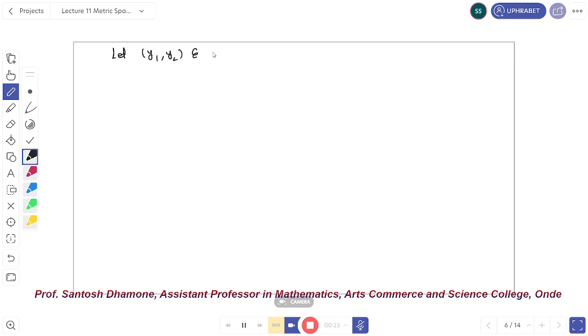This implies that point y1, y2 belongs to G, and this implies that the open ball about point P1, P2 with radius R is contained in G, and hence G is an open set.